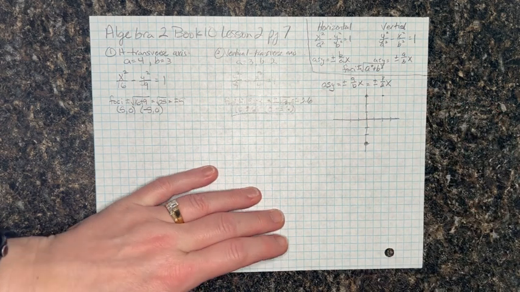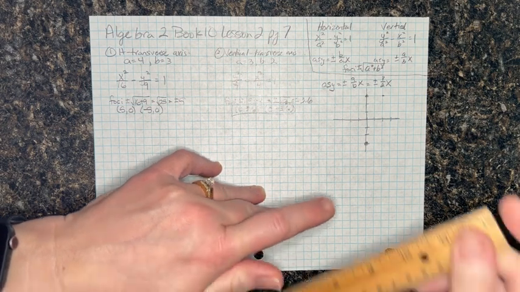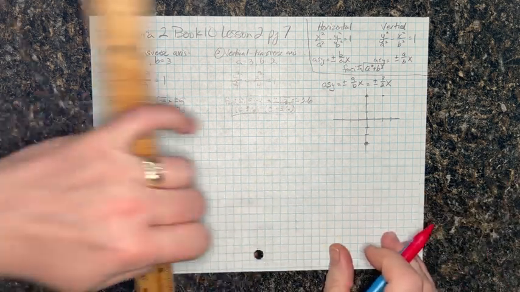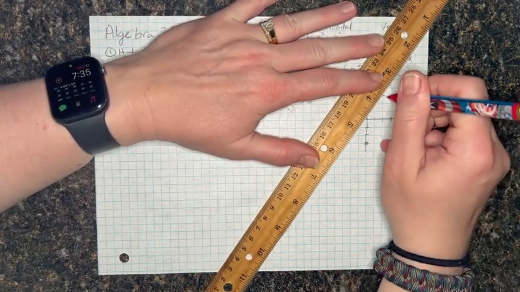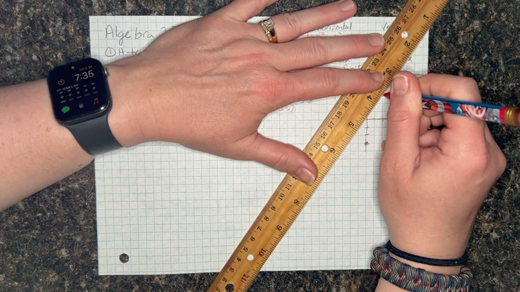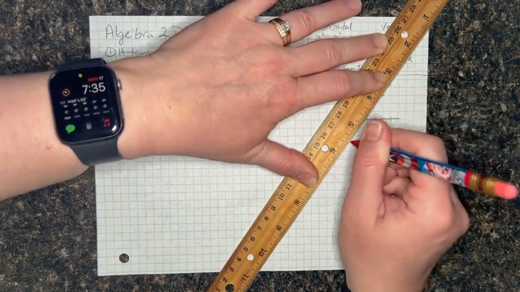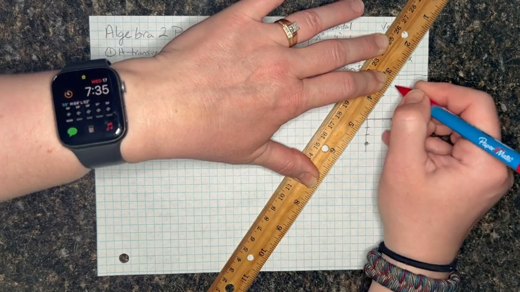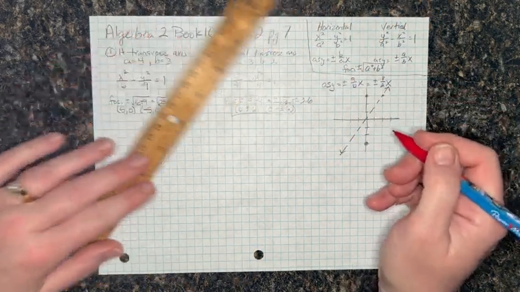That's enough data for me to go ahead and plot this. I have my little ruler today, so I'll have to deal with this one. And remember, this is a dotted line because it just shows us that our hyperbola is not going to cross that point, right?